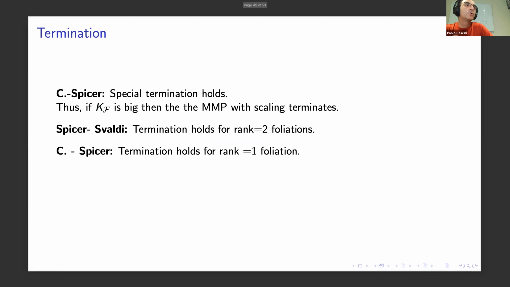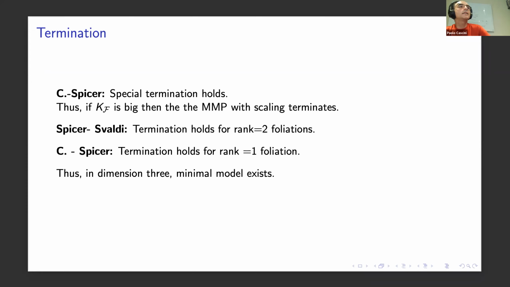And we proved, but this is also somehow in the work of Mendes, that termination holds for rank equal to 1 foliations. So in full generality, we have a minimal model for foliations in dimension 3. Whatever foliation we start with, we can always find a minimal model in dimension 3.